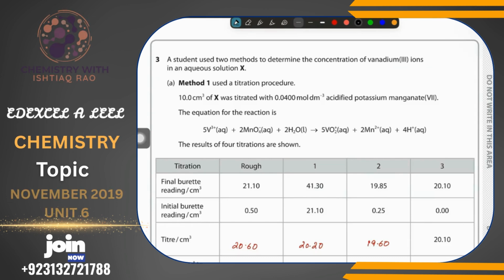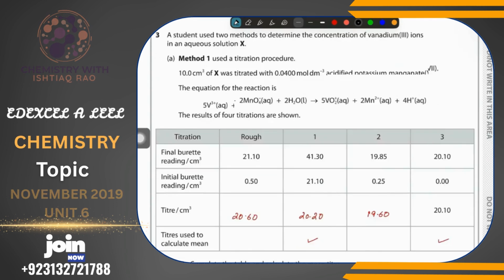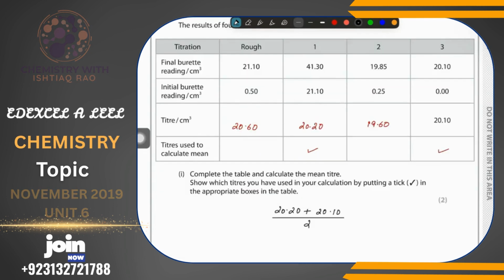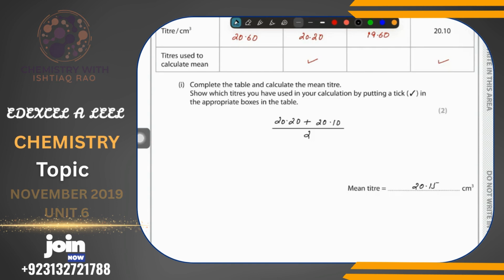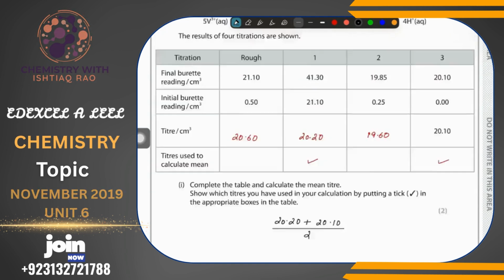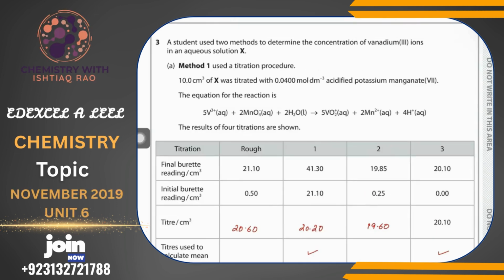In the burette we have KMnO4, so this is the volume of KMnO4. So we can find out the moles of KMnO4. After finding out the moles, we can find out the moles of this one. When we find the moles of this one, the volume is given to you, so you can find out the concentration very easily.